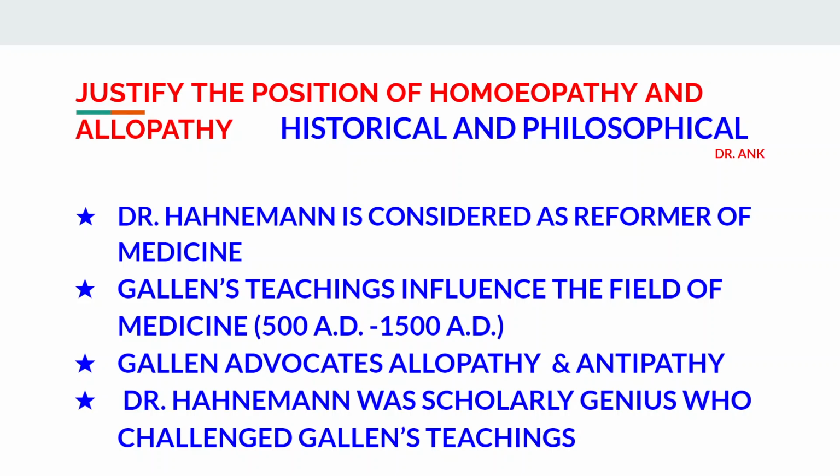So we justify each and every science, homeopathy as well as allopathy. At this point we consider homeopathy as well as allopathy a science, and we try to justify, and let's see what is the outcome of this.